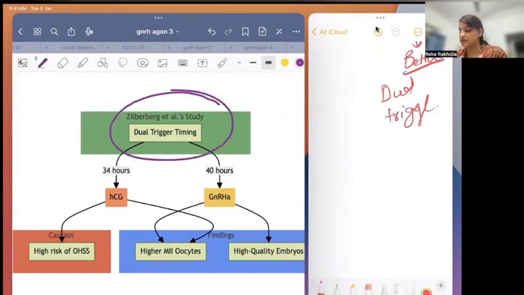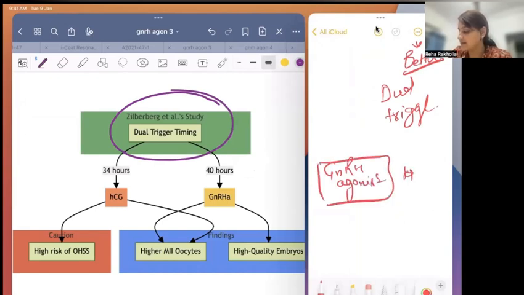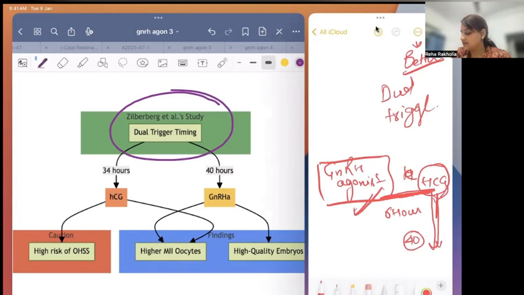It included HCG and GnRH agonist. First, we gave GnRH agonist. Then 6 hours later, we gave HCG. Then it was 40 hours after GnRH agonist and 34 hours after HCG.